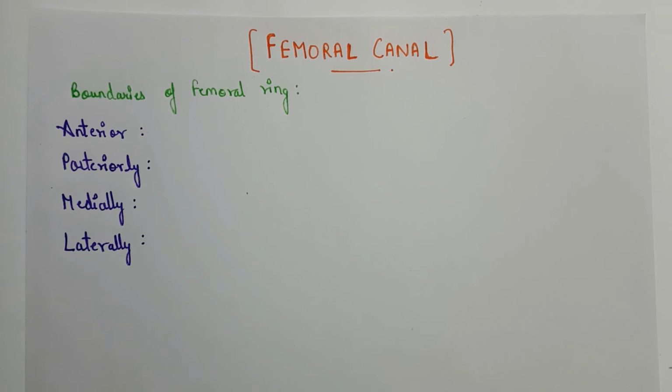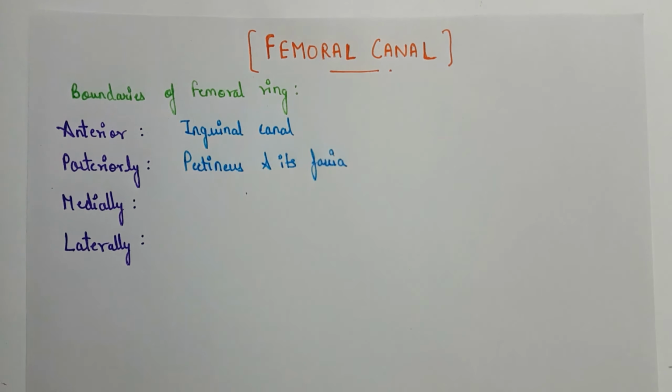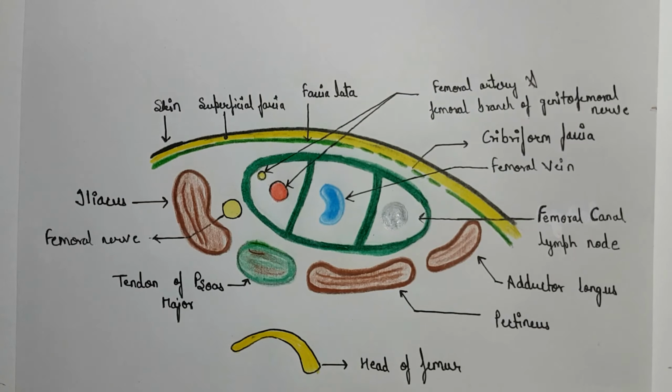There are four boundaries of the base of the femoral canal, that is known as the femoral ring: the anterior boundary, posterior boundary, the medial and the lateral boundaries. The anterior boundary is made up of the inguinal ligament. The posterior boundary is formed by the pectineus muscle and its fascia.